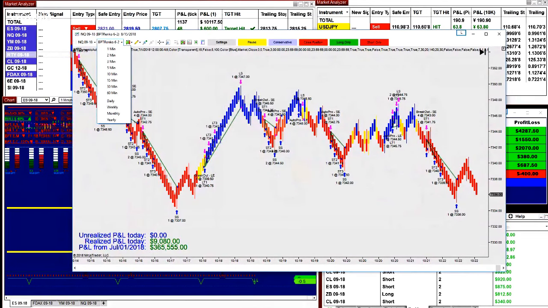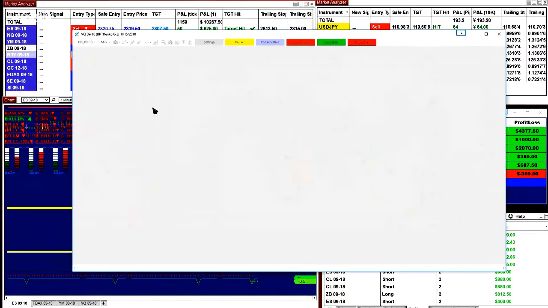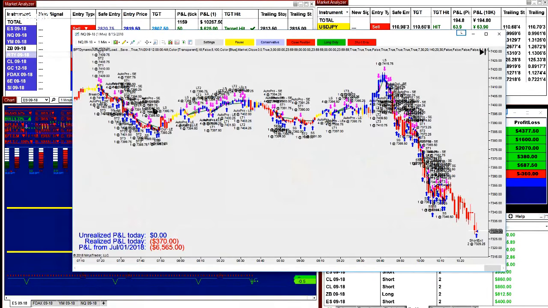From July, we made 365 on the Renko bar. Let's look at the 1 minute, telling me what's going on there. Oh boy, you are in a shithole for 6,565.